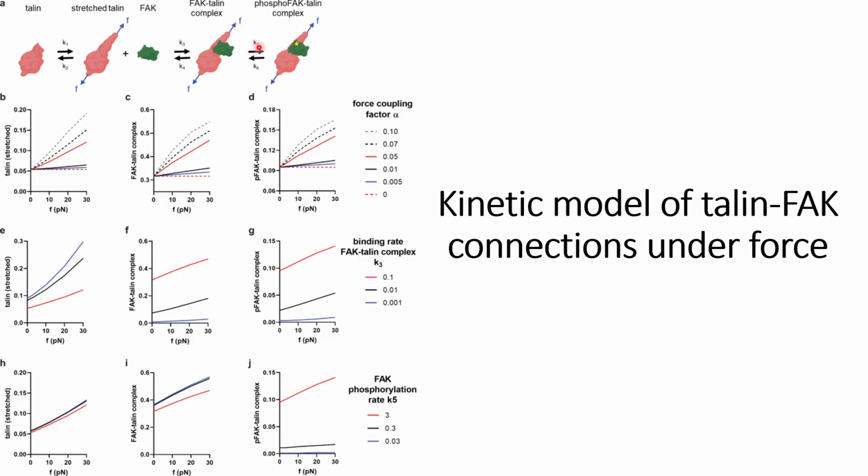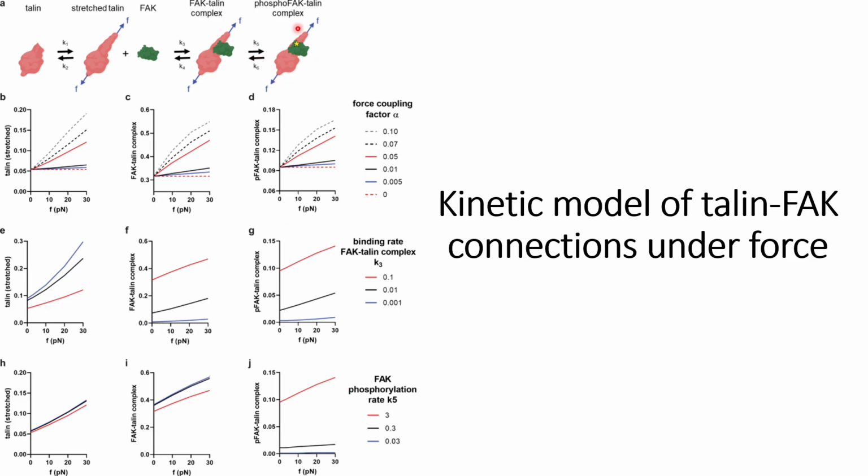This decrease in K3 is also related to the results presented previously, that when they use a mutated FAK or mutated talin, they see a decrease in the activation or FAK formation.